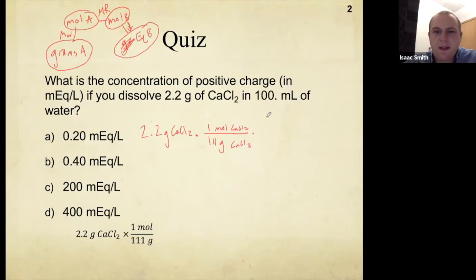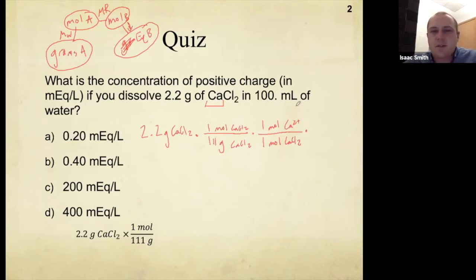And then we need to go over to moles of B. In this case, we're looking at concentration of positive charge. So calcium is going to be our positive ion in the solution. So in every mole of calcium chloride, when it's dissolved, you have 1 mole of calcium 2+ ions, right? So now we're at moles of B.